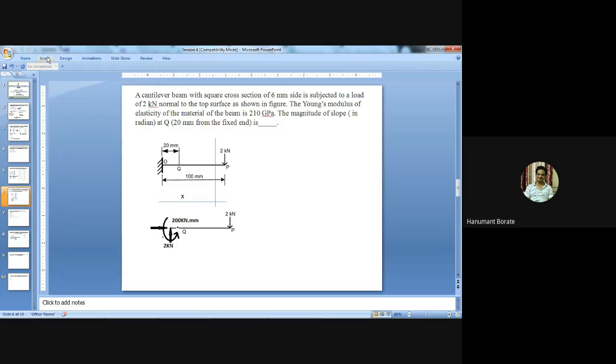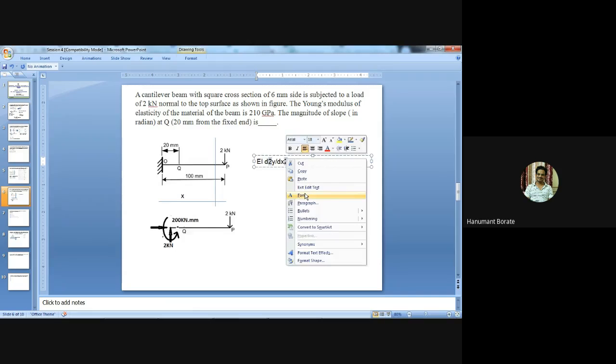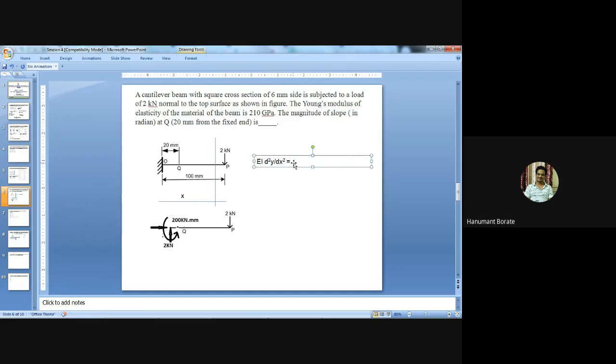Okay, now we need to write the bending moment equation. That is EI d square y by dx square equal to, EI means flexural rigidity. Now the moment is minus 200 into 10 raised to 3, I will write here 1000 Newton mm.